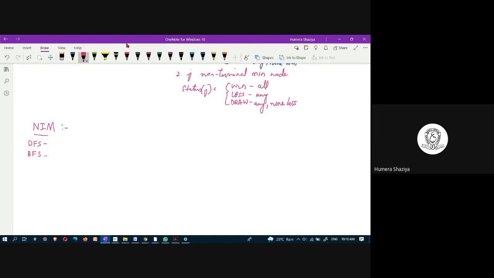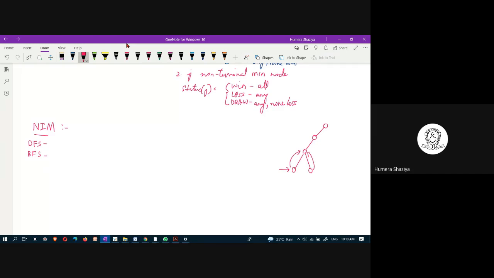Okay, anyone please tell me the working of DFS? How does DFS work? Root, first leftmost child, its leftmost child, and so on until it encounters a terminal node. After the terminal node, it backtracks to its parent, and if there are any children or a child, go to that, backtrack to the parent.